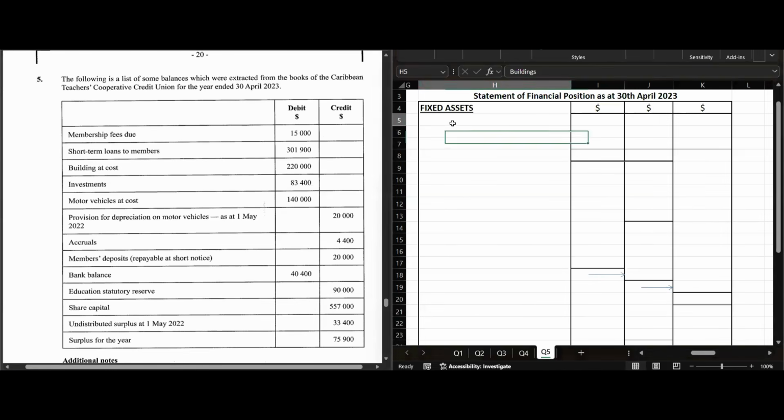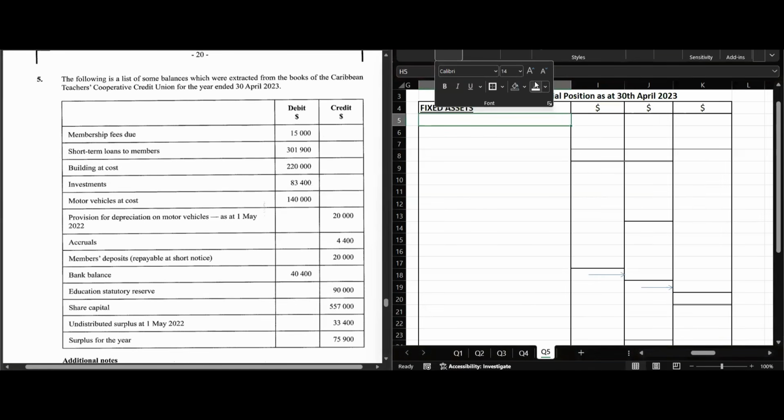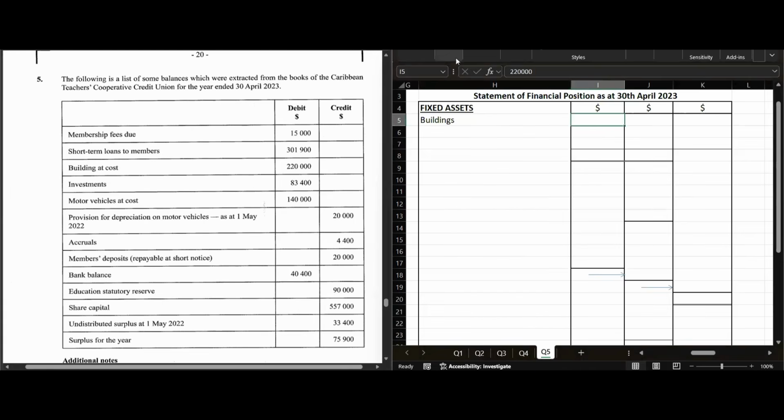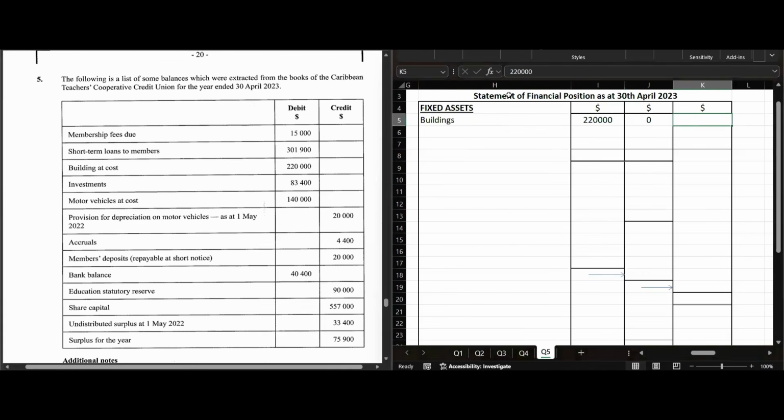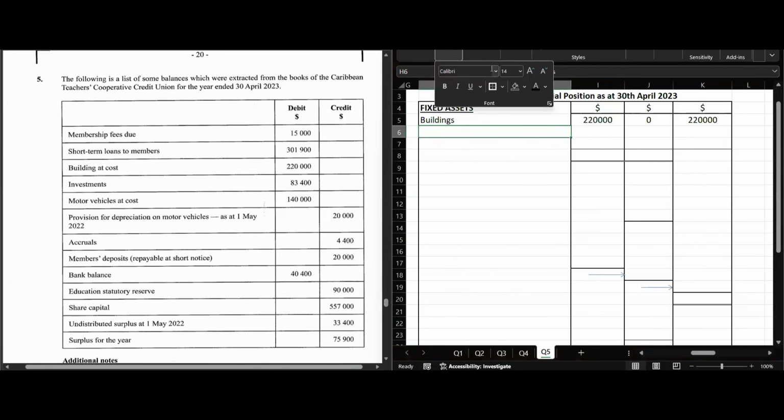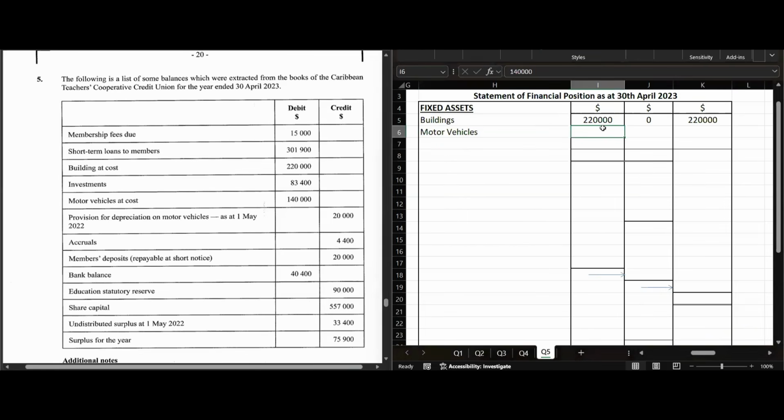So first of all, fixed assets will include, or non-current assets as we normally say, buildings, 220,000 at cost. There wasn't any depreciation of your building, so net book value would have been 220,000.